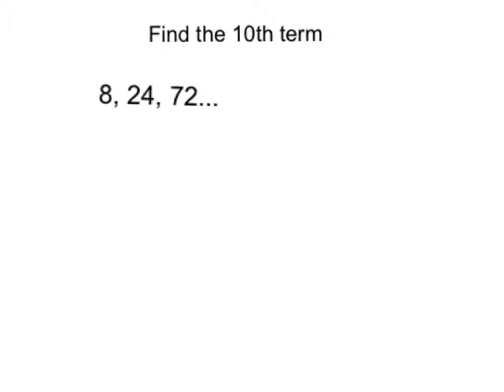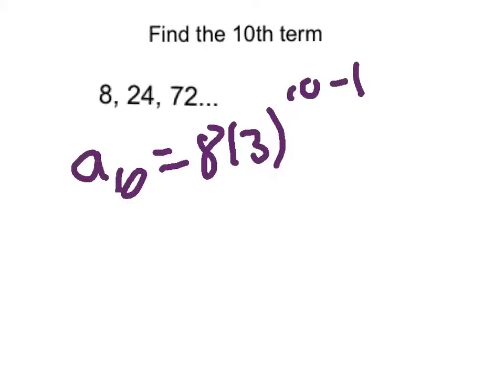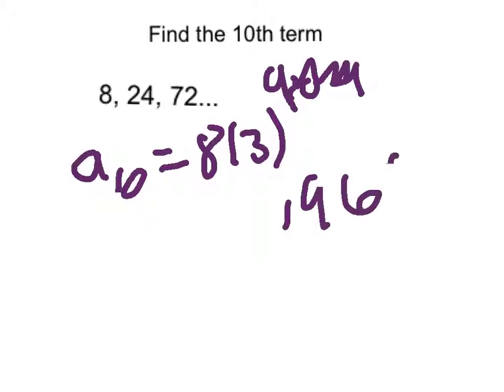Since the common ratio is 3, we put that in the r place. So our equation is a sub 10 equals 8 times 3 to the power of 10 minus 1. Since 10 minus 1 is 9, the equation would become a sub 10 equals 8 times 3 to the 9th power. 3 to the 9th power is 19,683.